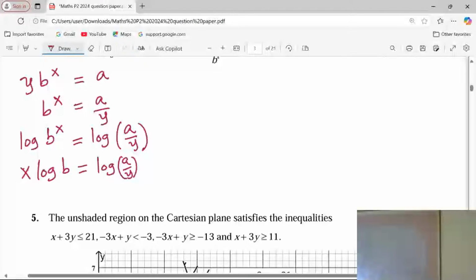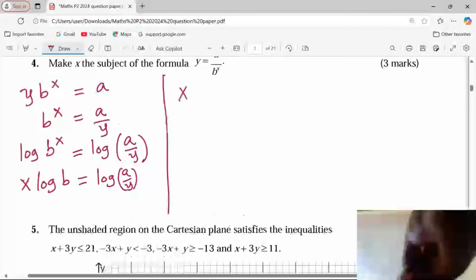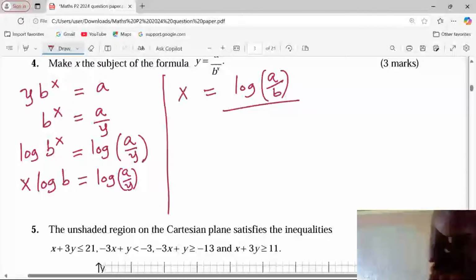Then at this point, we remain with x over the log of b.